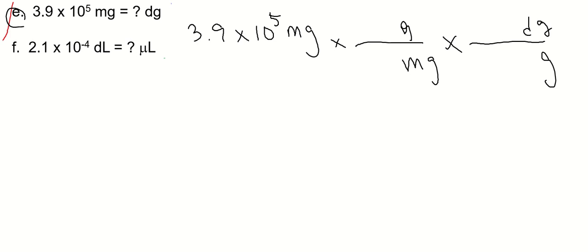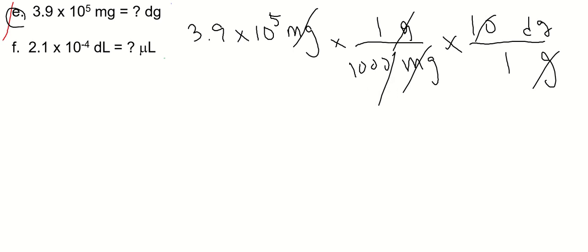Milli means 1,000 times smaller, so there's 1,000 milligrams in 1 gram. Cancel out those units. Deci means 10 times smaller, so there's 10 decigrams in 1 gram. Cancel out the grams. That 0 can cancel out with that, so this is just going to be 10 to the 2.